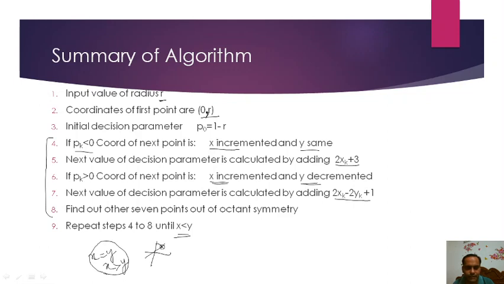So we have reached this point if x becomes equal to y or x is greater than y. So you have to stop there. So you have by now calculated these points and these points also, along with the other points from symmetry.